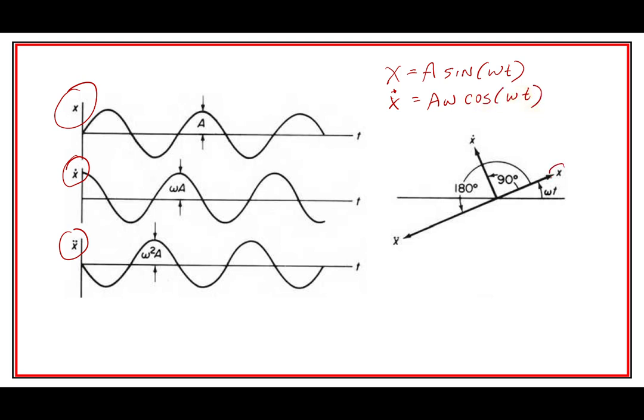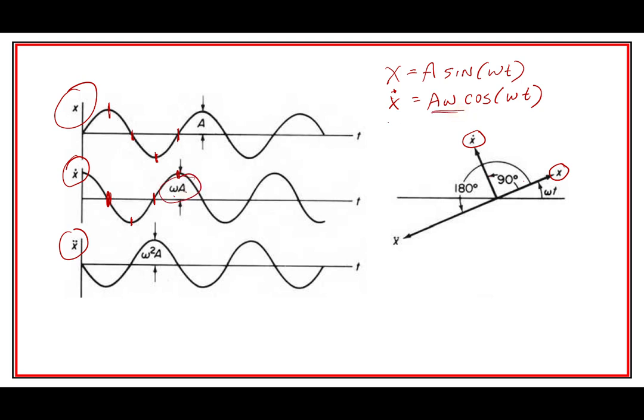And as they've shown right here, they're going to be 90 degrees out of phase. Here is the peak of this, that's also 0 for that, and there's the peak of that. You get the idea. So the magnitude of that is just going to be omega A.